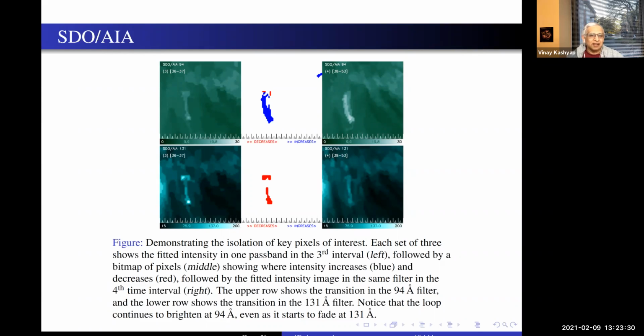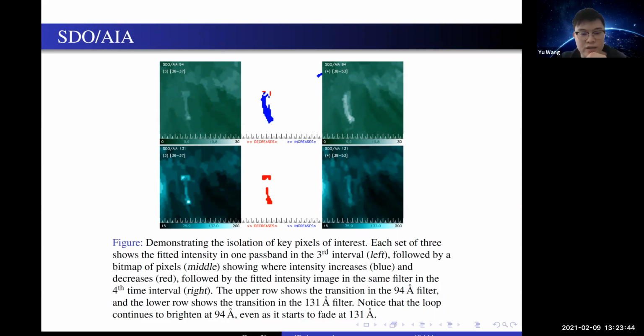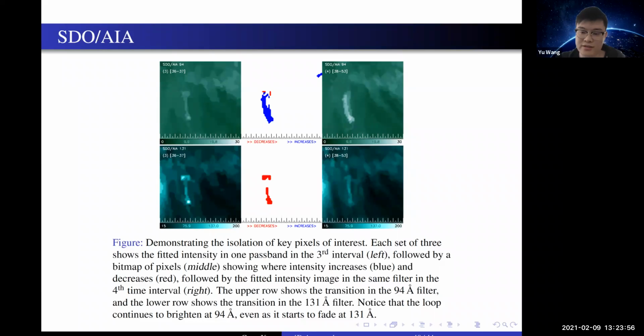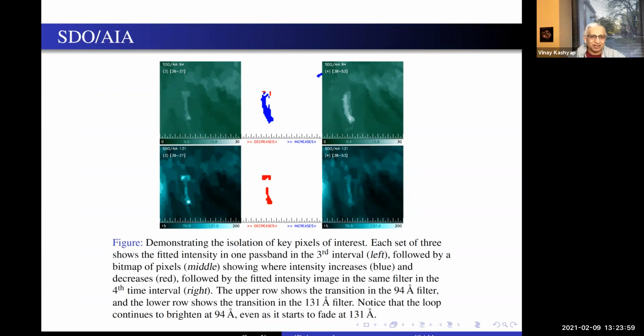And the reason we chose this was basically because there was nothing else going on surrounding it. So it was essentially a test for the algorithm before it goes into production. Right. I see. So if it failed on this, then it would have no hope on anything else. Right. But it worked. So now we can go to the next step, which is to run it on more complicated regions of the Sun.